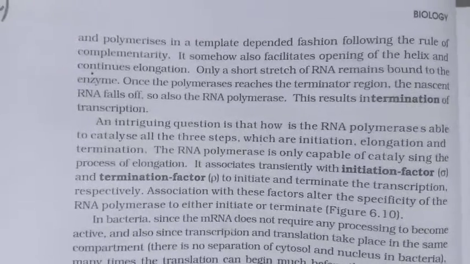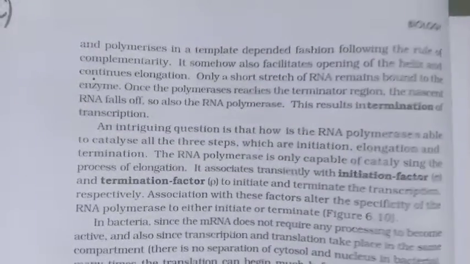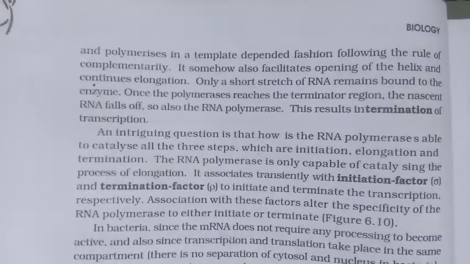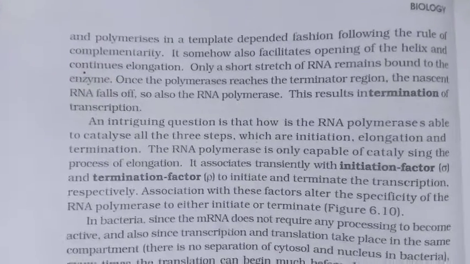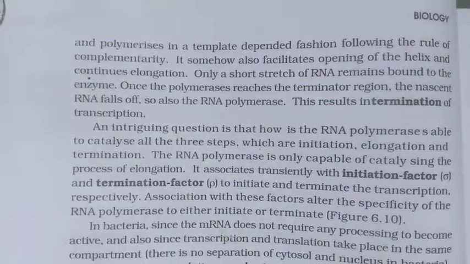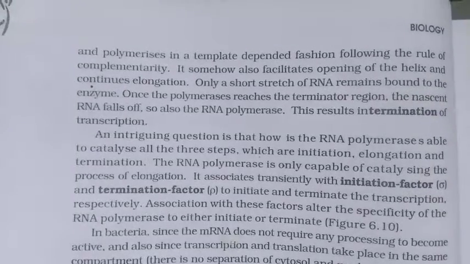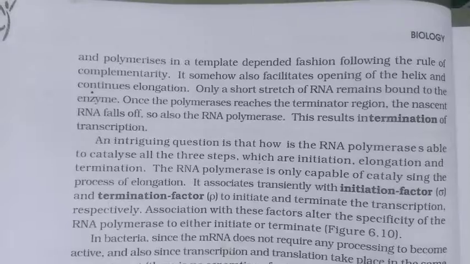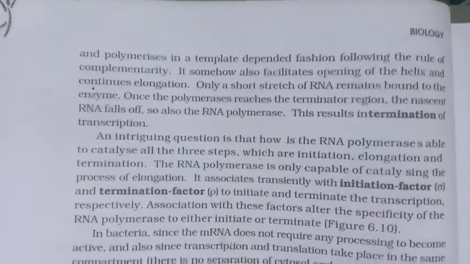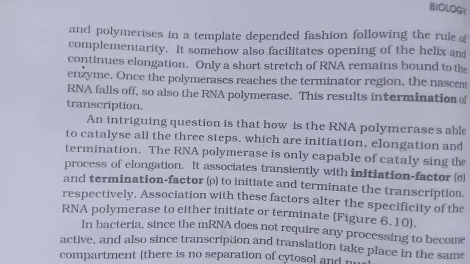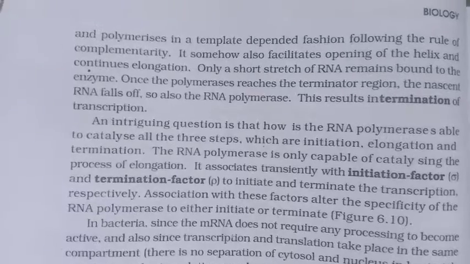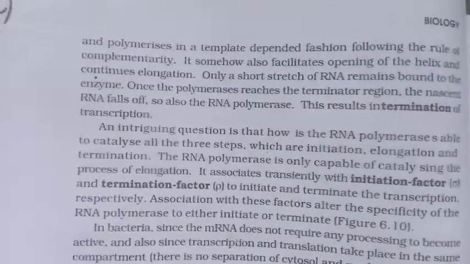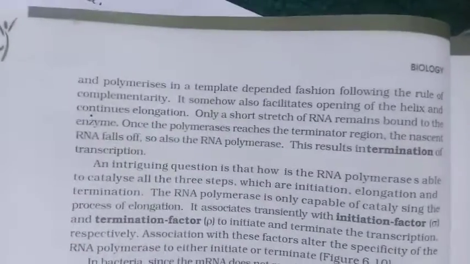It associates transiently with the initiation factor sigma and the termination factor rho, to initiate and terminate the transcription, respectively. Association with these factors alters the specificity of the RNA polymerase to either initiate or terminate the transcription process.